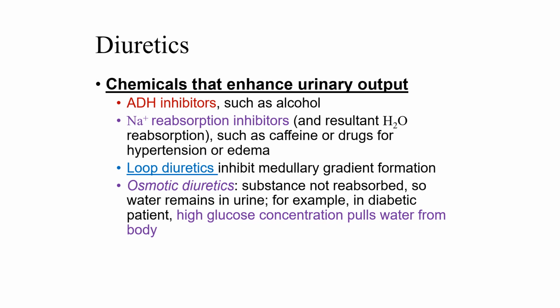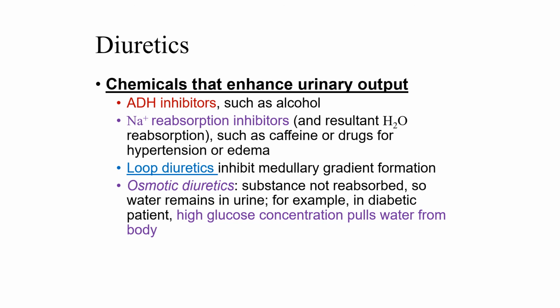And then osmotic diuretics. Substances are not reabsorbed, so water remains in the urine. An example of this would be diabetes, where a high glucose concentration pulls water from the body. In other words, there's glucose in the urine, which there should not be.